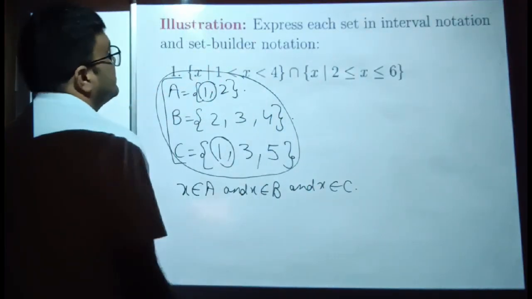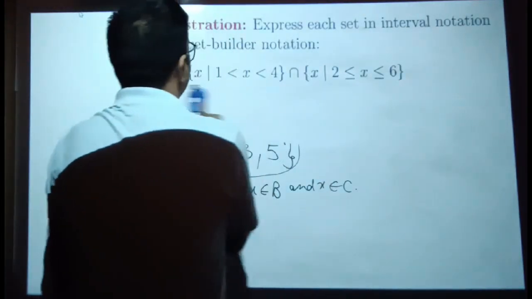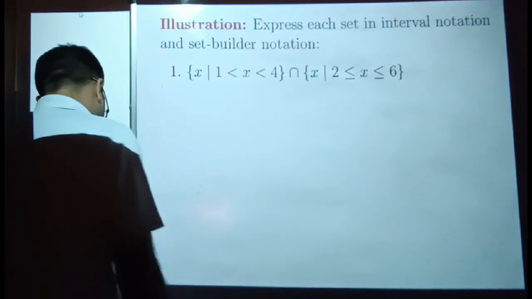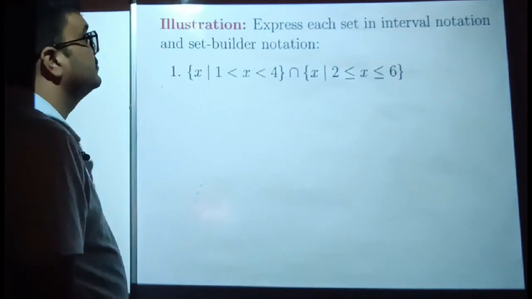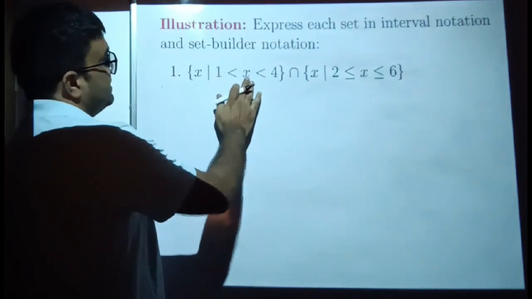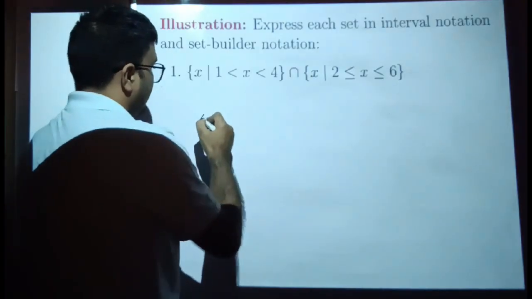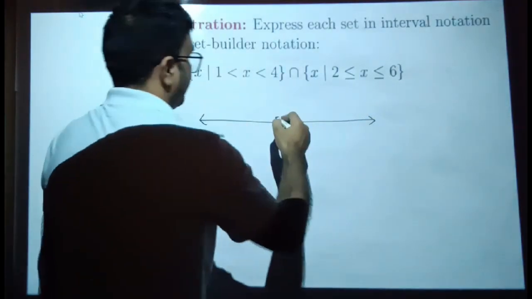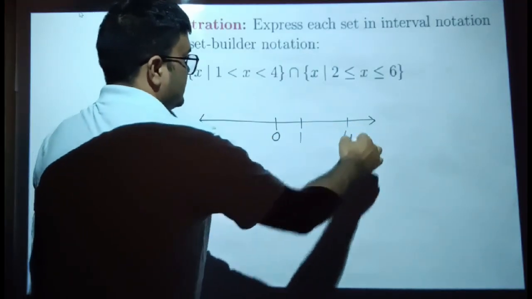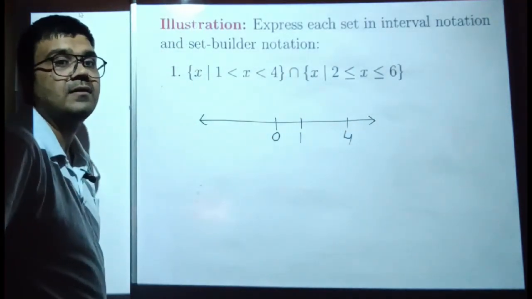Next we have: express the following sets in the interval notation. Look at this set. It is X such that 1 is less than X is less than 4. This is 0, this is 1, this is 4.